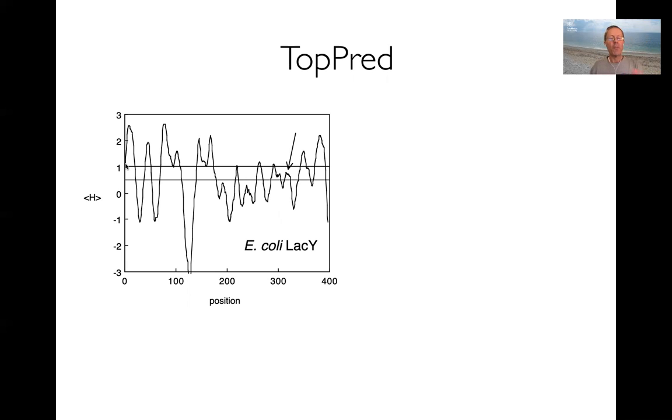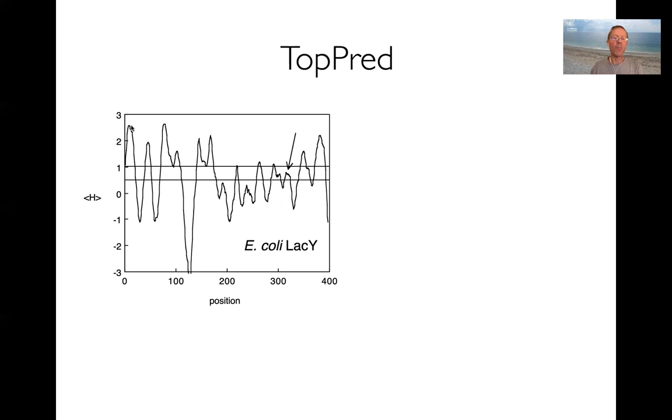Now you shift by 1, so you go from residue 2 to 22, and you repeat the calculation, calculate the average hydrophobicity, plot the value, and then you continue to scan along the sequence until you reach the C-terminal end. So obviously, if you hit a segment that's roughly 20 residues long and has lots of hydrophobic residues in it, it's going to have a very high hydrophobicity.